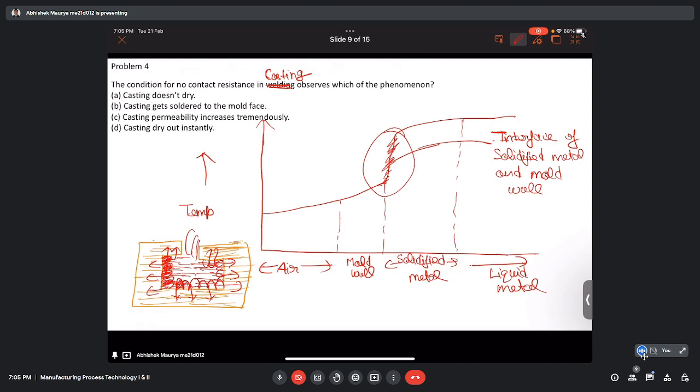So metal very close to the mold wall starts solidifying. Okay, so what is happening here? In the center we have molten metal which has the highest temperature, and outside we have air which is at, let's say, 25 degrees Celsius. This is air.